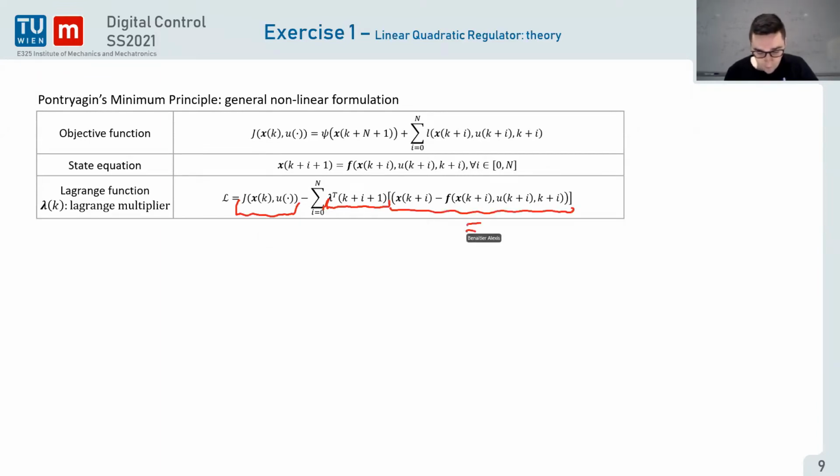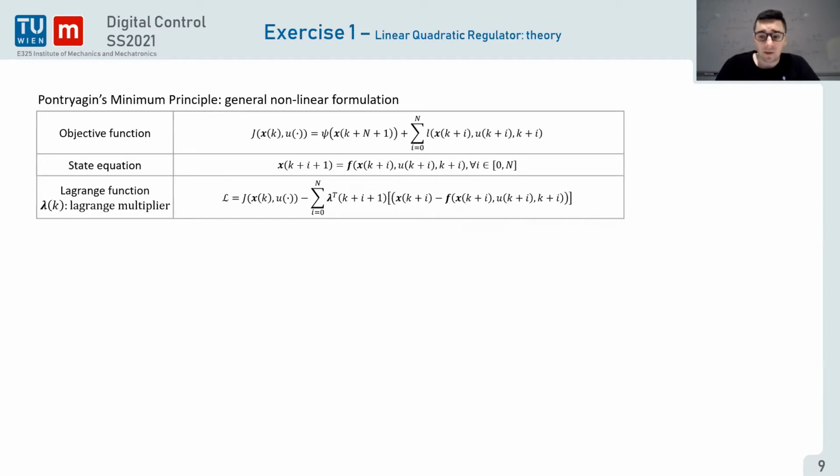If the constraint is always met, so if x of k plus i plus 1 is always equal to f of x k plus i, u k plus i, and k plus i, then that means that my constraint is met. By the way, here it should be x of k plus i plus 1. So this term is equal to 0 just because this is fulfilled, okay? And so if we wish to minimize the Lagrange function, then the constraint should always be 0, and we can still minimize the J function, and we have no additional constraint to consider.